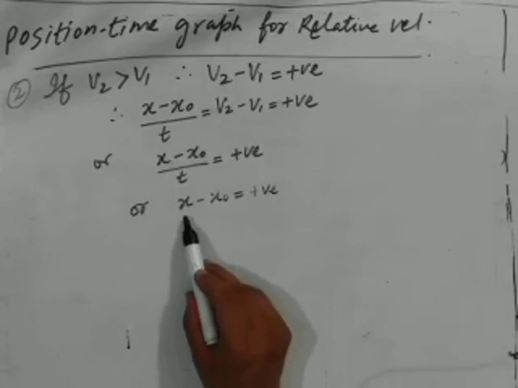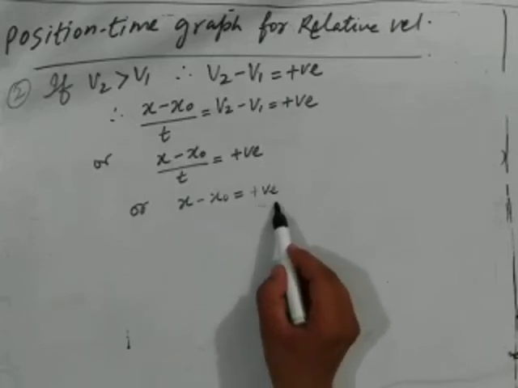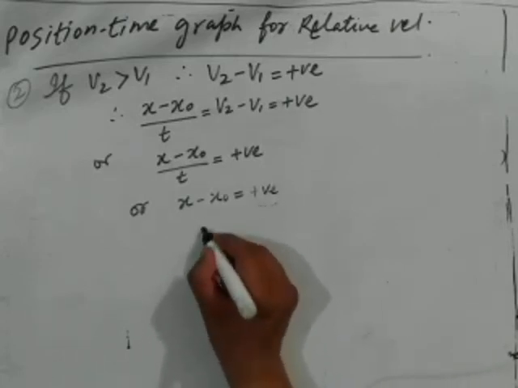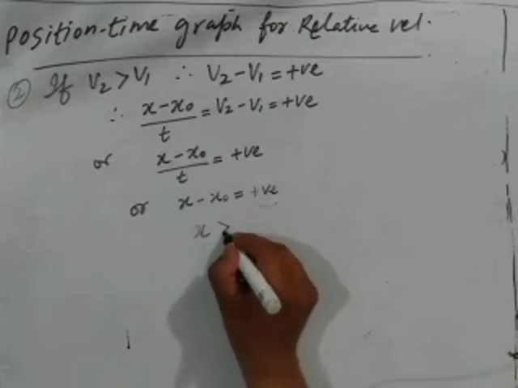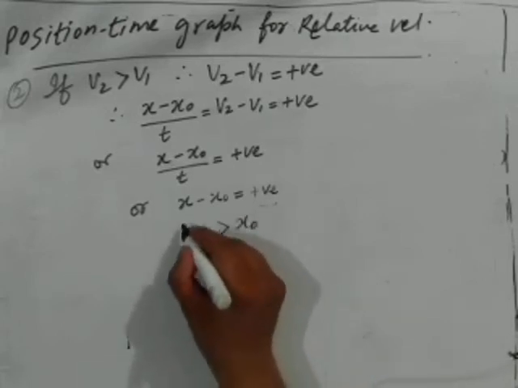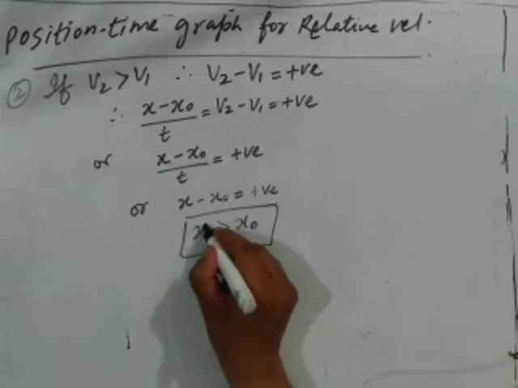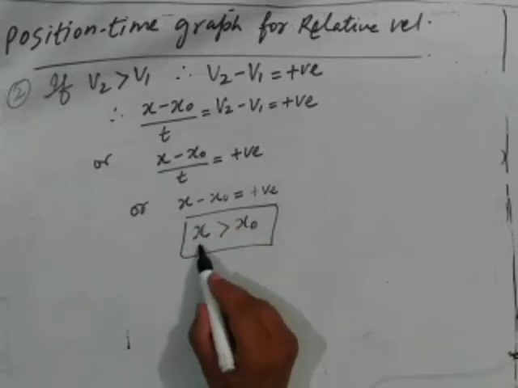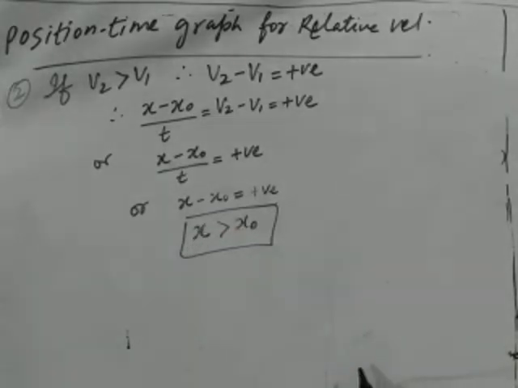So the subtraction of the two things is positive. This means x will be greater than x naught. That is, the final gap will be greater than the initial gap.